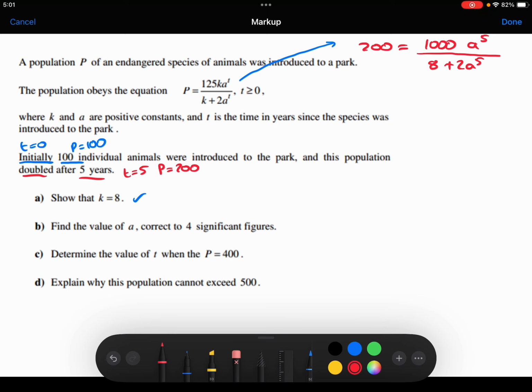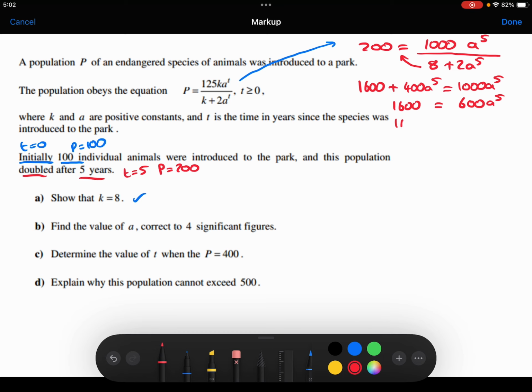And same idea as before, really. We're going to multiply across, so we've got 200 times 8 is 1,600. 200 times 2a to the power 5 is 400a to the power 5. We'll subtract 400a to the power 5 from both sides.